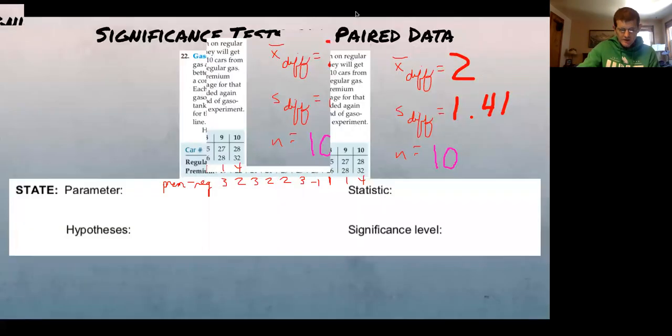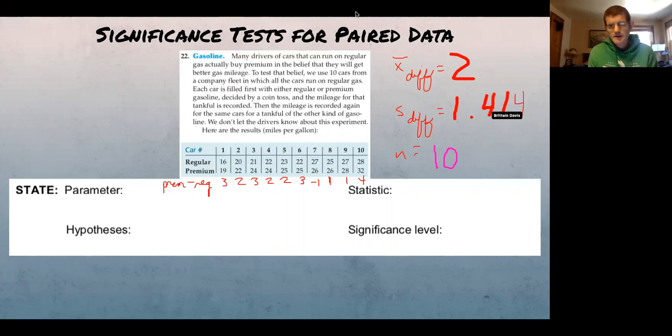Okay, very good. So there we go. We have the sample standard deviation for our differences and the sample mean for our differences. I'm just going to add the 4 right here at the end.